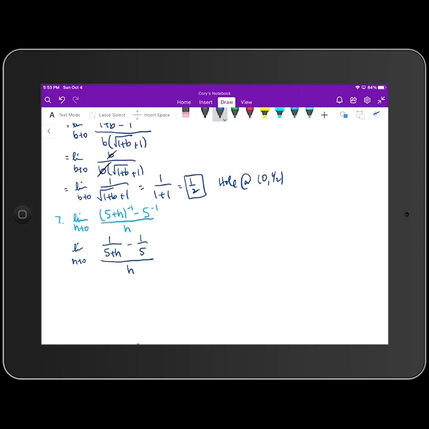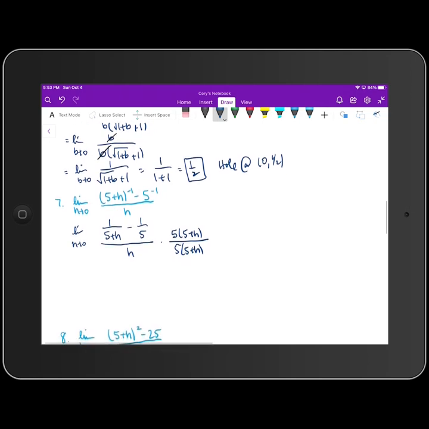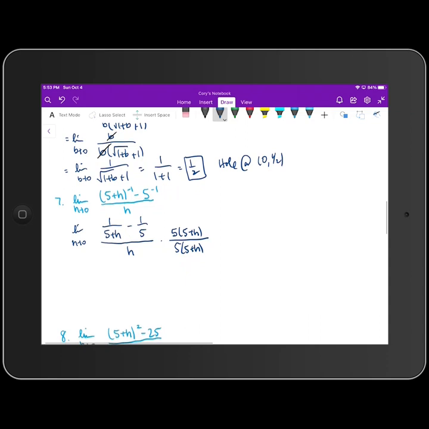To simplify it, the best way is to figure out the common denominator of your smaller fractions, which is going to be 5 times 5 plus h, and then multiply the numerator and denominator by that common denominator.